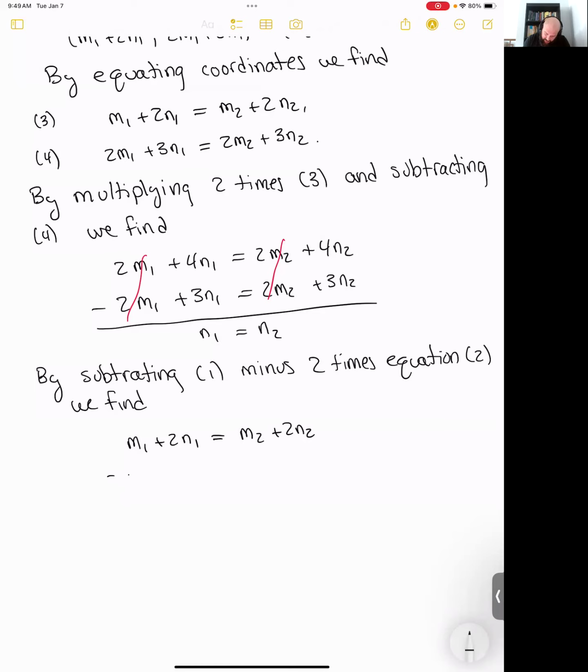So let's see, what do we want to do here? I want to eliminate n1 and n2. So if I multiply the first one by 3, let's do this again.